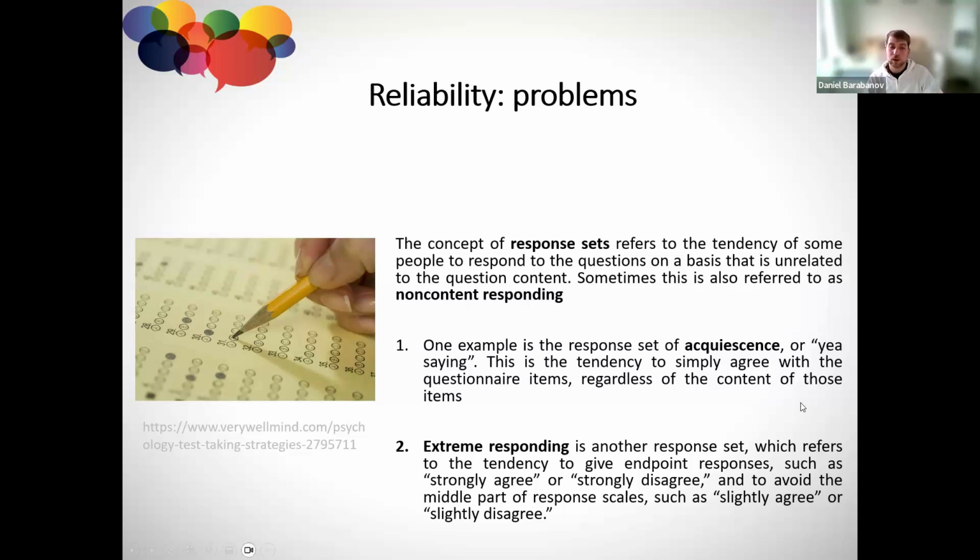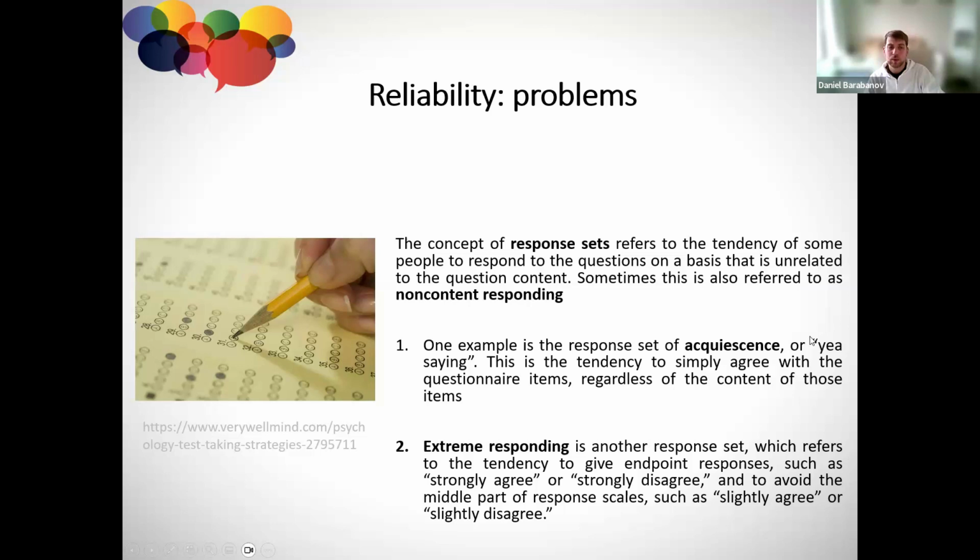So it's a problem, and sometimes researchers exclude such responses from the database if they see that the person, for example, answered all the questions yes, or all the answers are polar ones. But it requires a lot of attention. If you have a database with hundreds and thousands of participants, it's not always easy to track such responses.